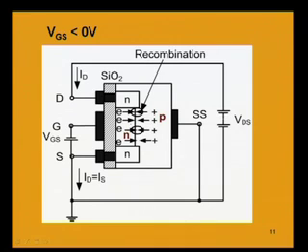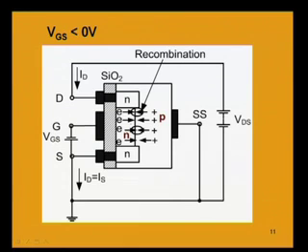That particular gate to source voltage at which the drain to source current becomes 0, because there is complete depletion of the electrons in the channel, is called the threshold voltage.